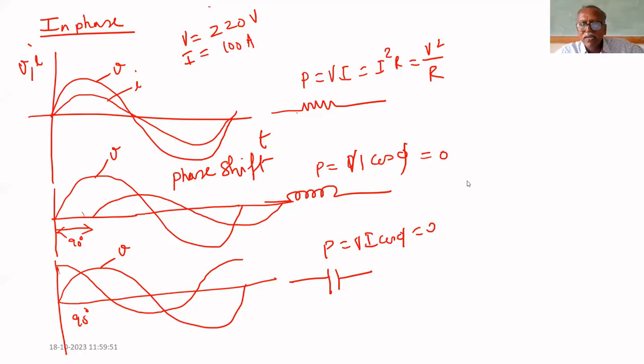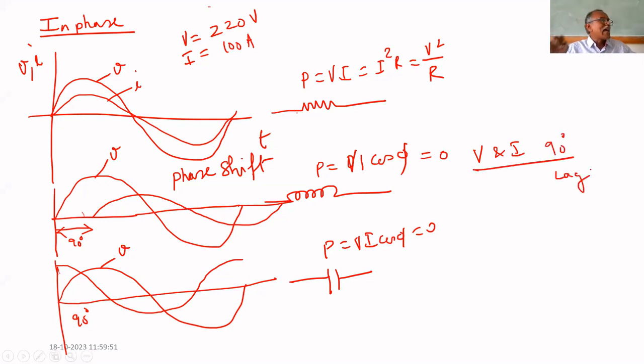Pure inductor means current will lag. The phase shift between V and I is 90 degrees, but current lags.